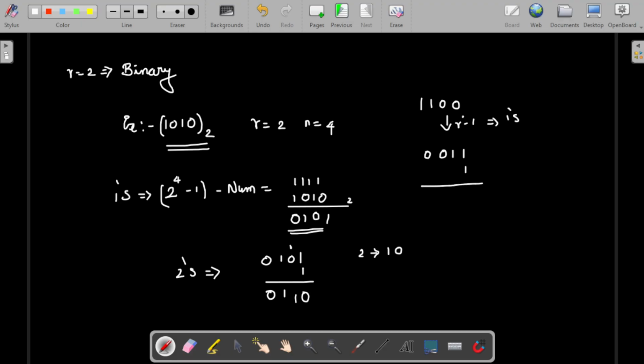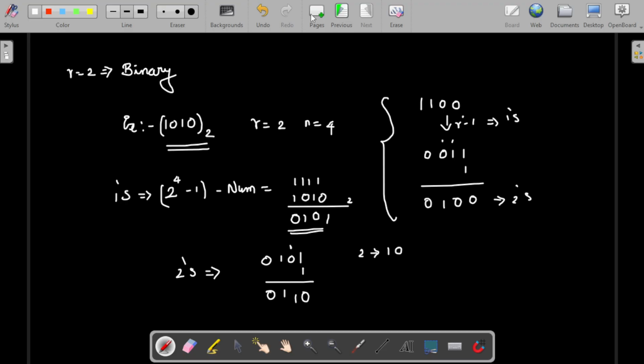If we add 1 to this, a carry goes here, another carry goes here, so we get 0100. This is the 2's complement. This is a simple way. In binary we can directly calculate the 1's complement and 2's complement.